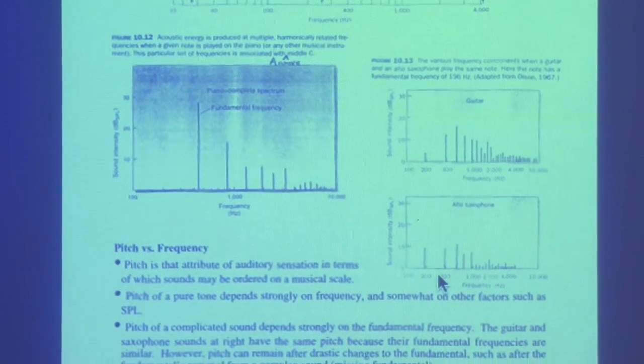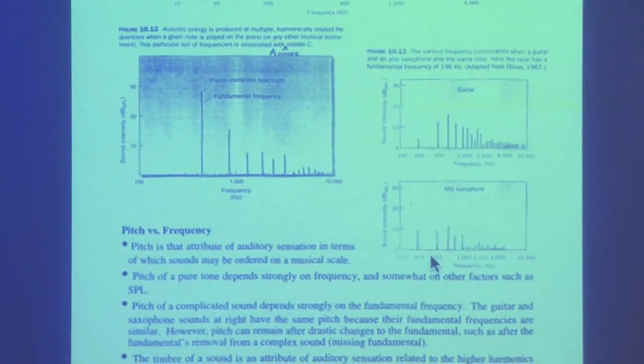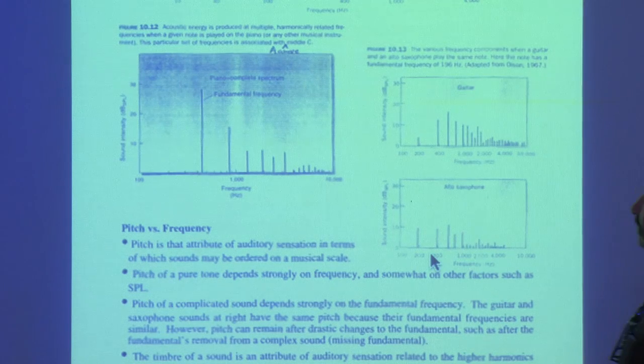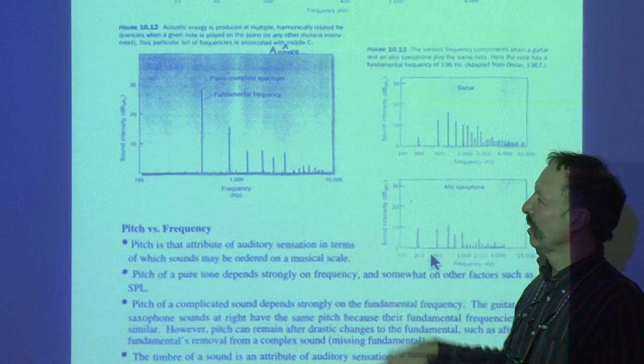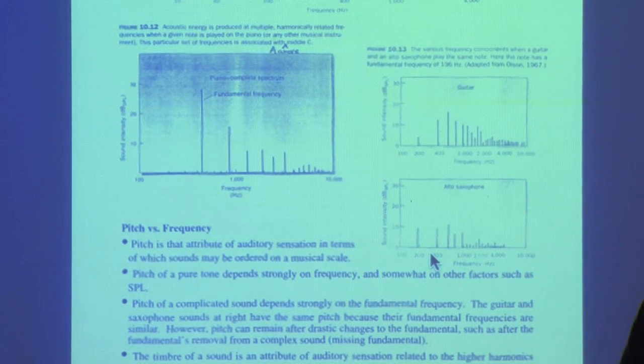So that's one note, right? Well, sure, it sounds like one thing, but you have a whole bunch of different frequencies that go along with it. And why is that true? Does anybody know? Why do you get a whole bunch of different frequencies when you strike a key on the piano keyboard?